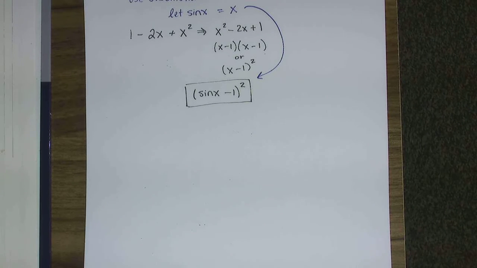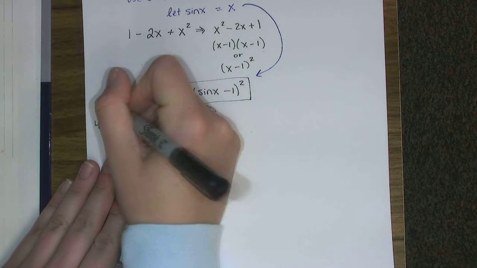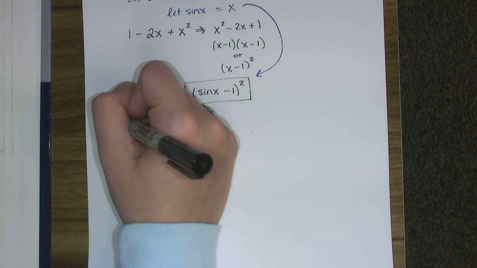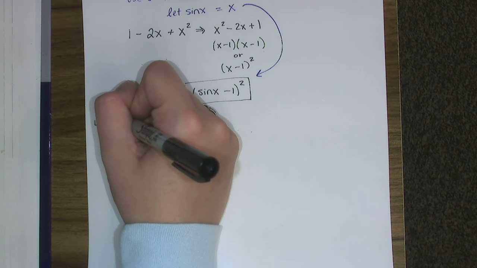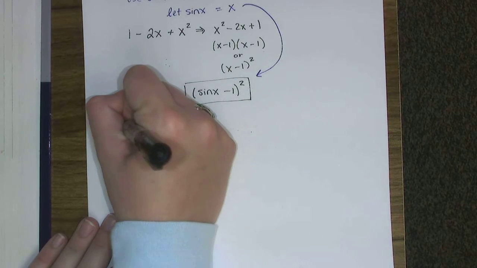For 48, they use a little alpha. You can just write a or whatever variable you like, but they have tangent squared of alpha minus 1 over 1 plus tangent of alpha.